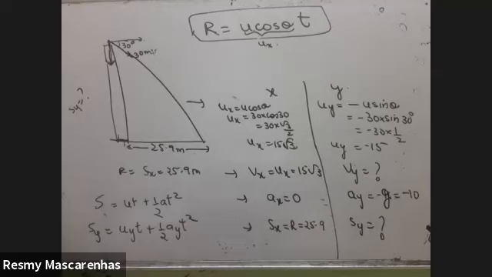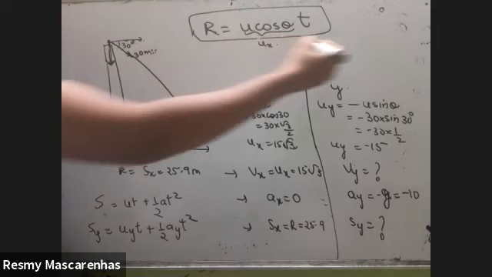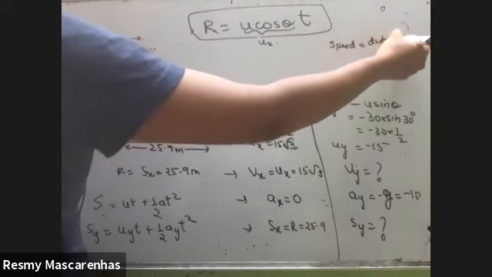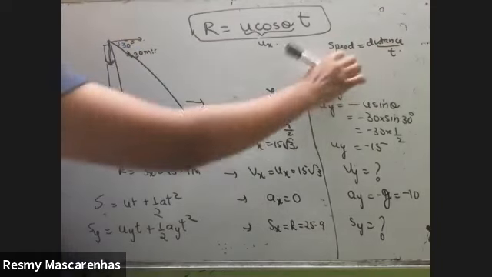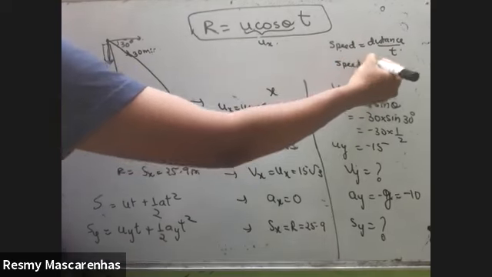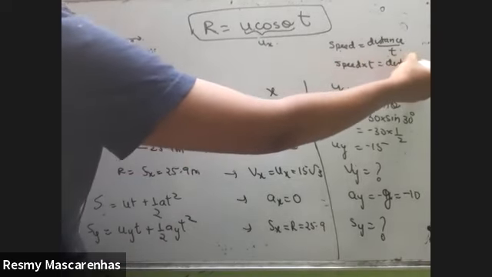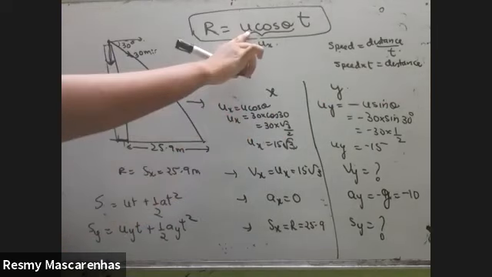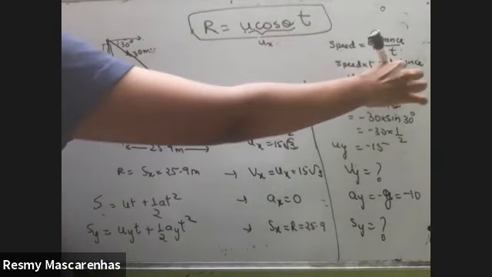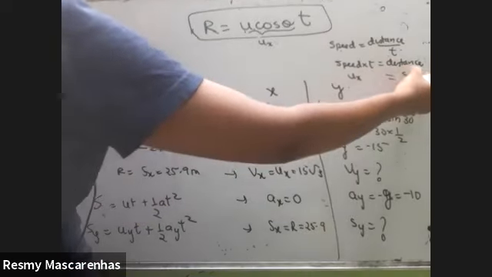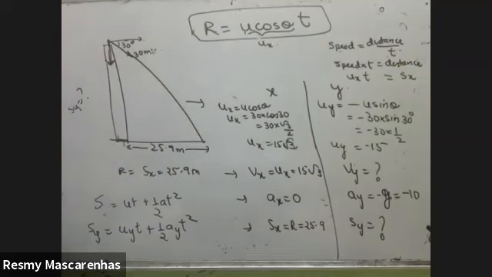From where did I get it? Speed is nothing but distance upon time. We already know speed is distance upon time, so speed into time will be your distance. Speed is similar to velocity. In terms of velocity, we are talking about horizontal distance. The horizontal distance will be Sx, and this will be t.